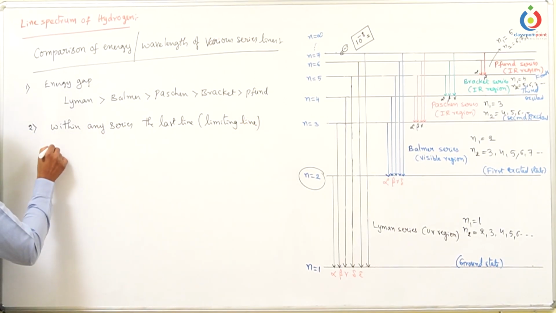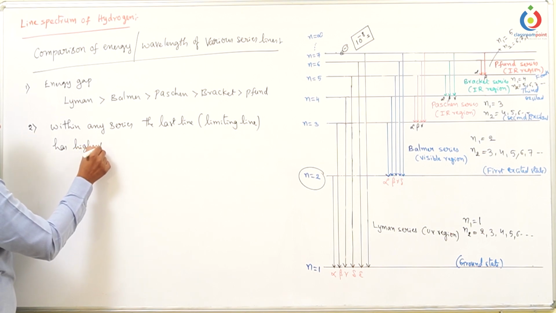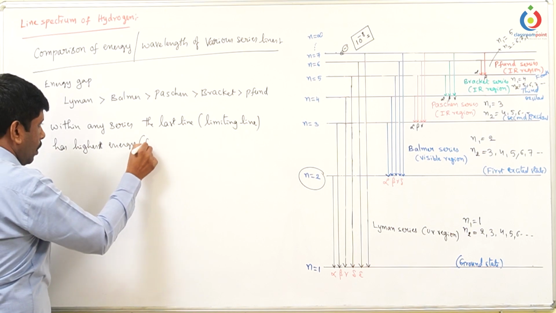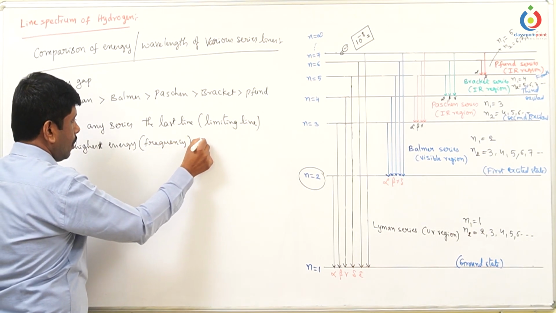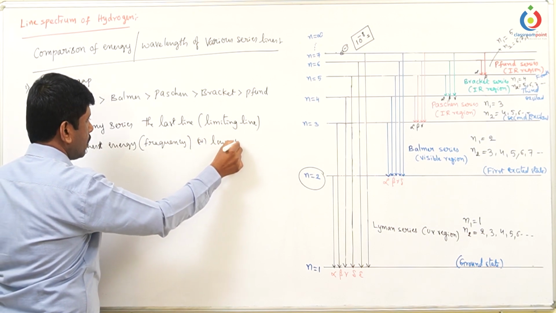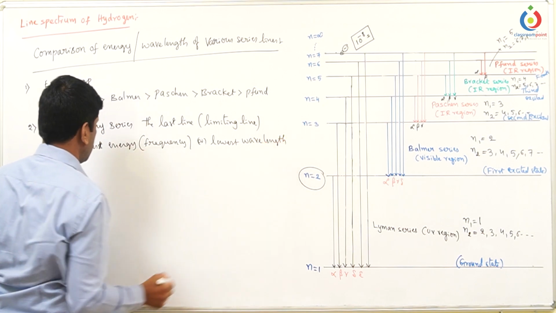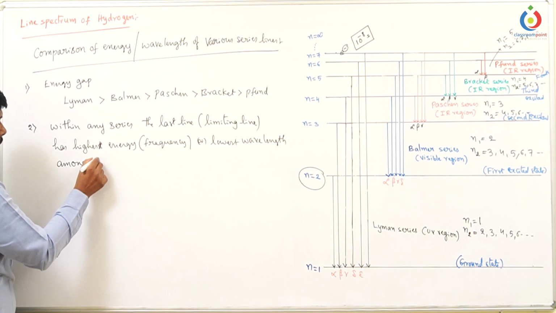The last line has the highest energy or frequency, or the lowest wavelength, among all other lines.